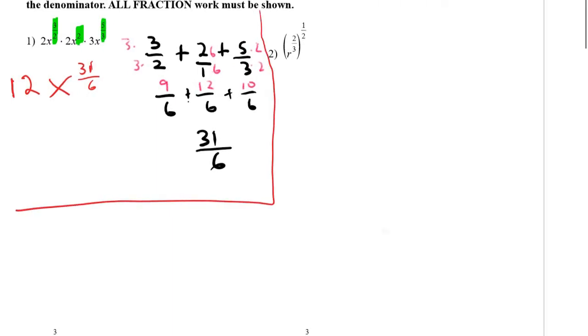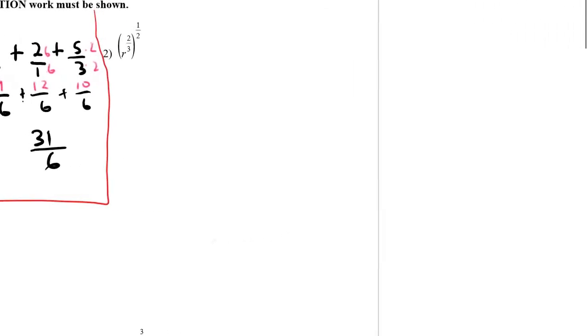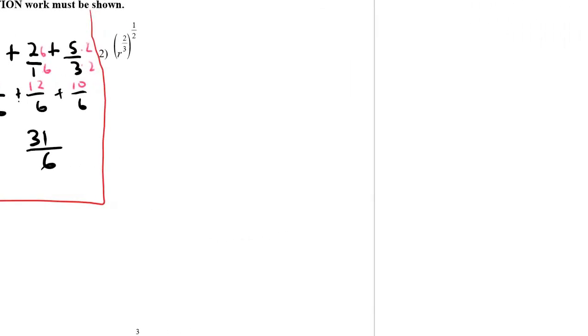Here is another example. In this case, you have r to the power of 2/3, to the power of 1/2. Now we need to remember that when it was whole numbers, we had something like r to the power of 2, to the power of 3.